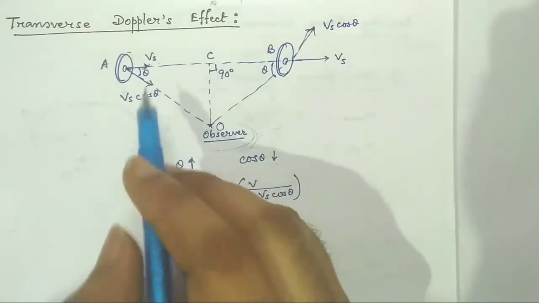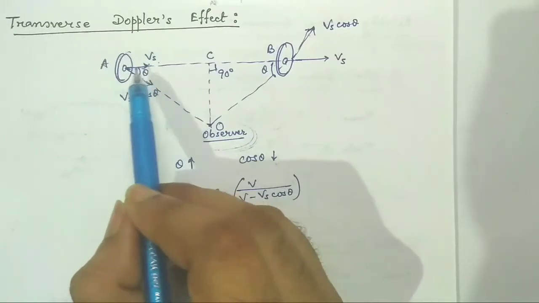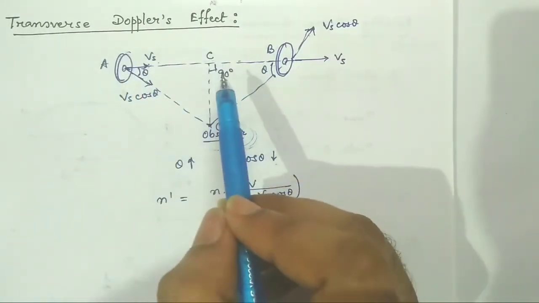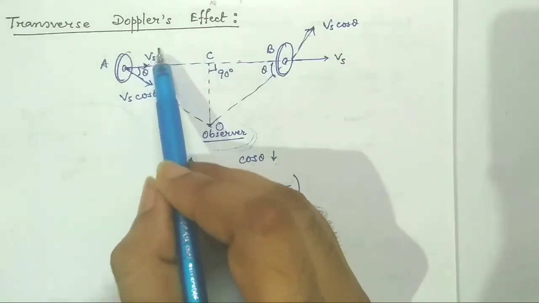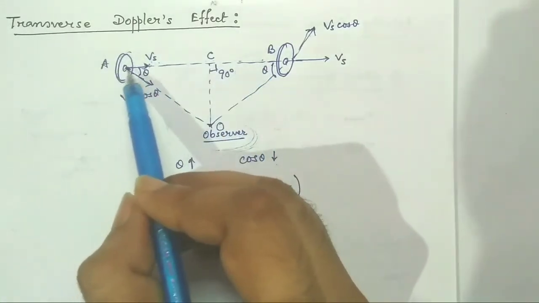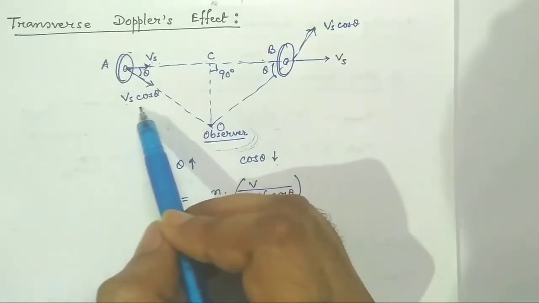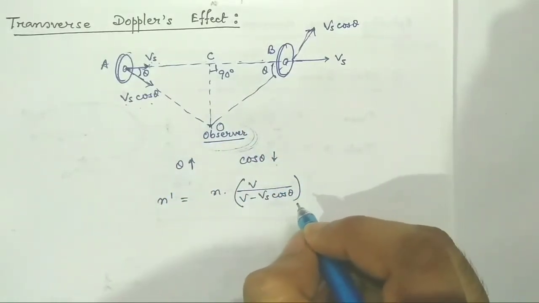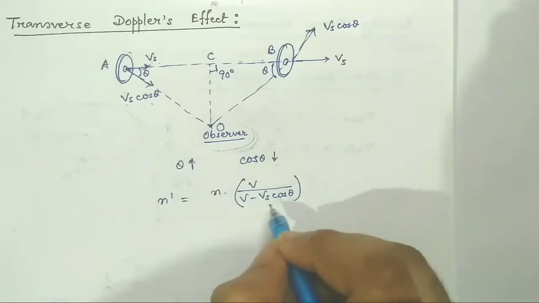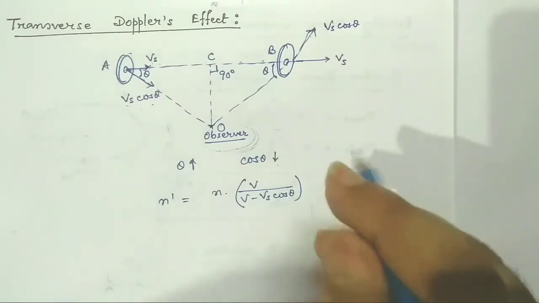Because the observer and the sound source are not situated on the same line, the velocity of the sound source is Vs along AB, so the velocity along AO will be Vs cos theta.